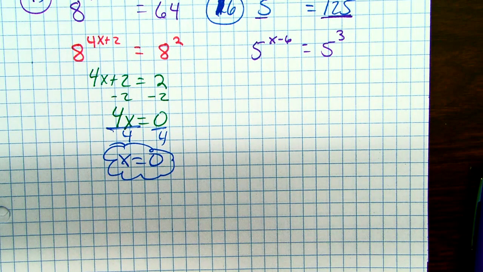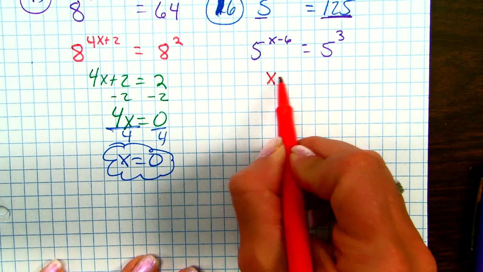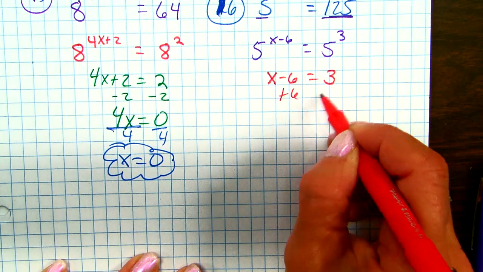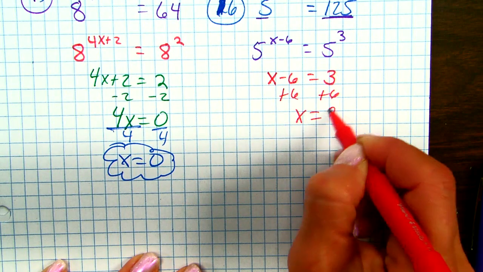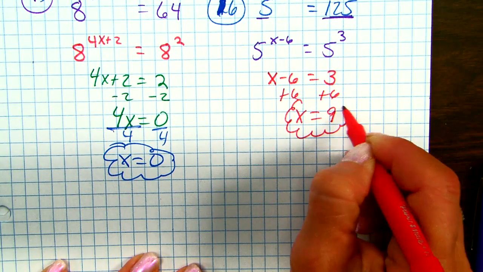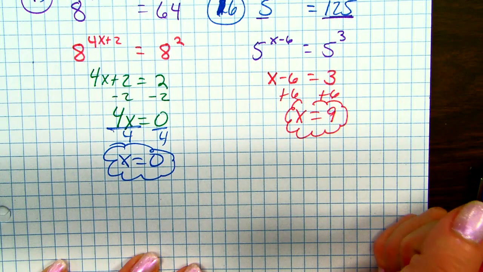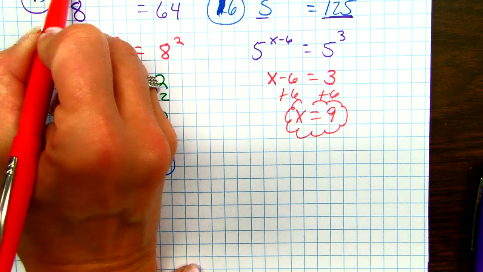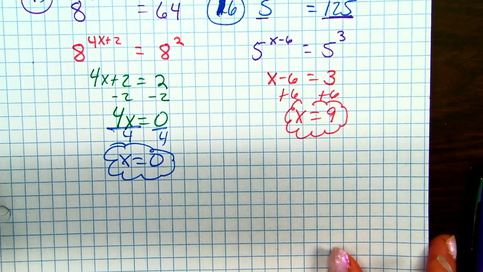Okay, so now that the bases are the same, that means the exponents are the same. And we can solve for the variable in our exponent.